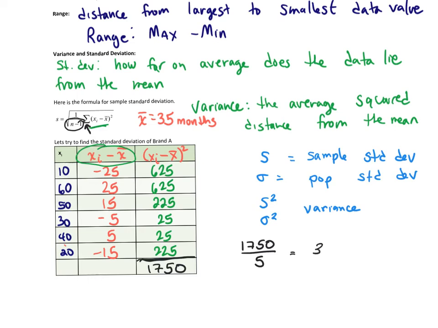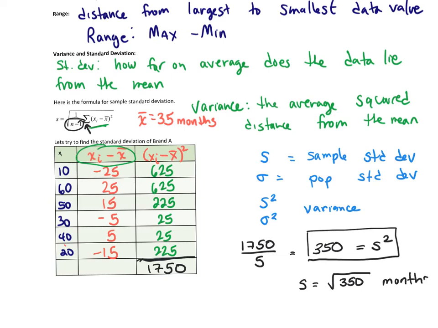What we've just found, believe it or not, is the variance, the sample variance. So the sample variance is 350. To get the standard deviation, hopefully it's not too crazy, we'll just take the square root. So the standard deviation is the square root of 350, and of course the unit would be in months.